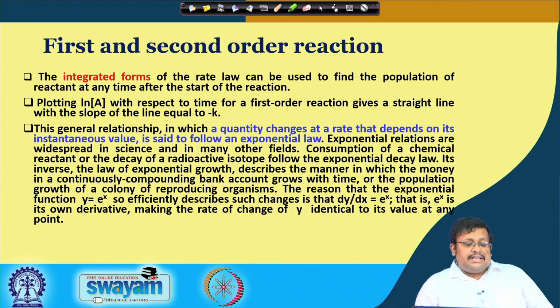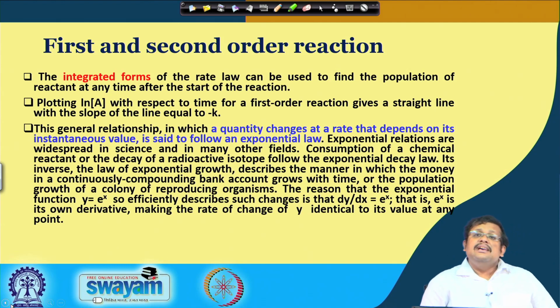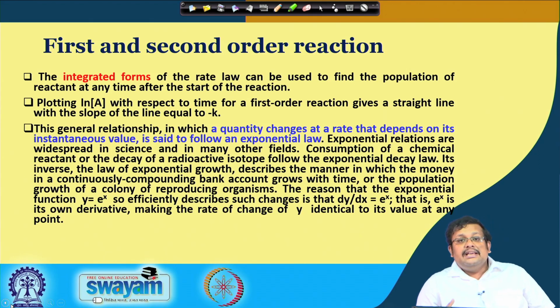So, this general relationship, in which a quantity changes, that means the concentration of a particular reactant changes at a rate that depends on its instantaneous value, is said to follow an exponential law. So, basically this decay, as we can see in the previous decay profile, is following an exponential decay. Exponential relationships are widespread in science and in many other fields.